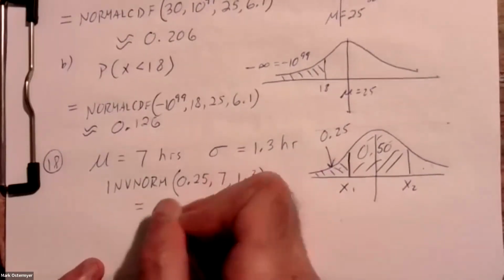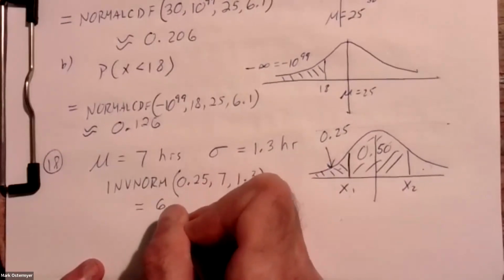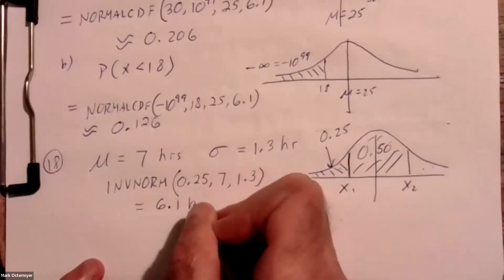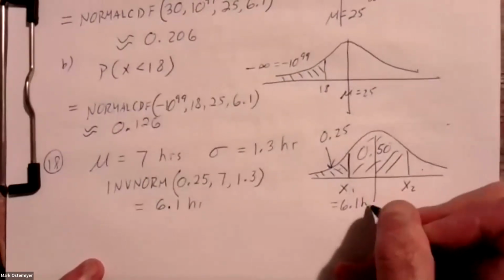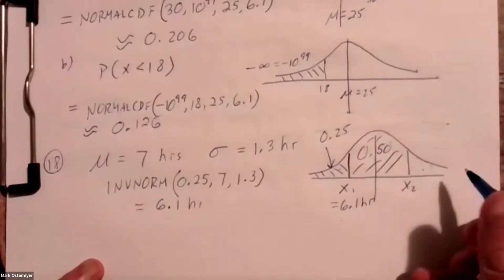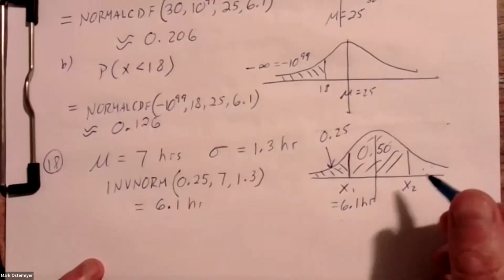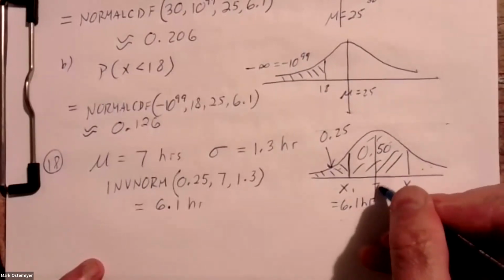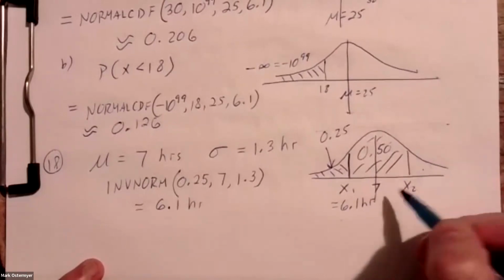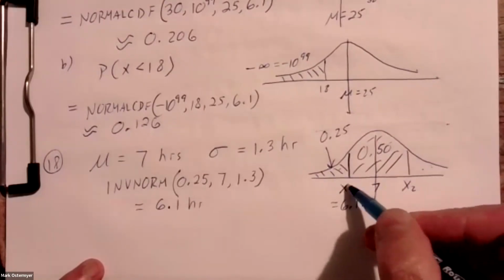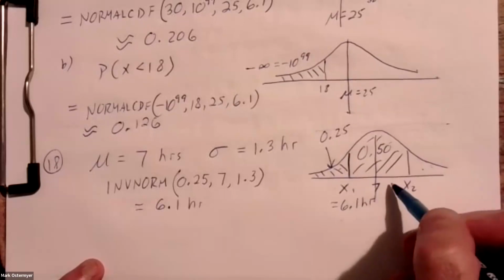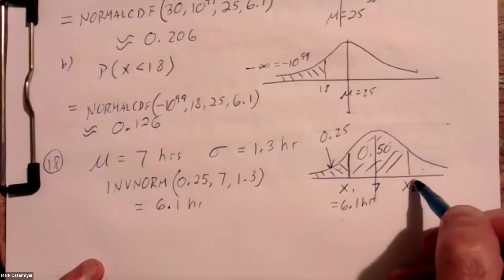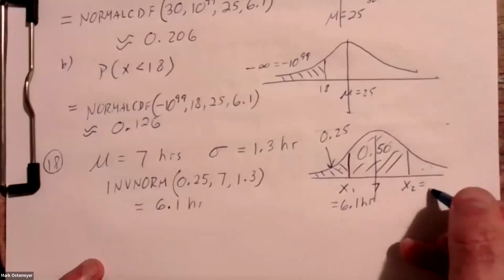And this would be equal to about 6.1 hours. And remember, the mean was 7. So by symmetry, if this is 6.1 hours, 7 minus 6 is 1, and this is going to be around 8 hours.